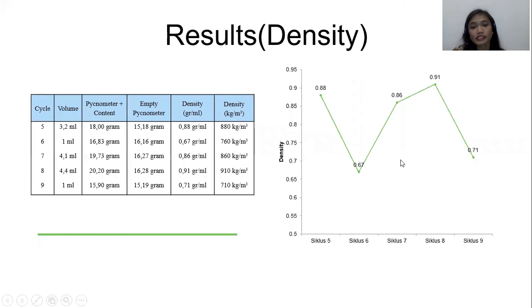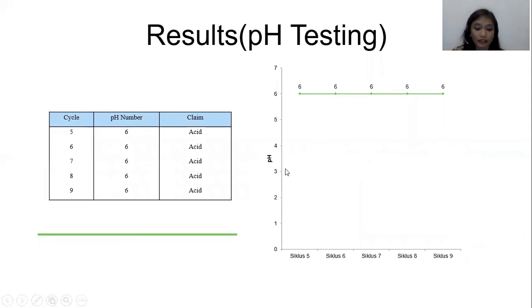The next result is density. The density is measured using a pycnometer filled with the sample after the distillation process. The next result is pH. pH testing is carried out by entering the paper into the oil that has been mixed with a solvent that masks the pH color.